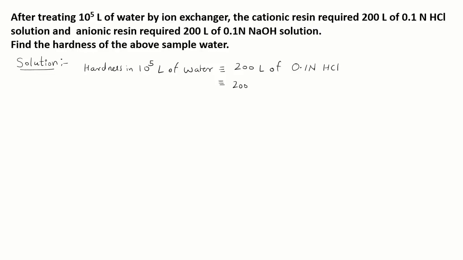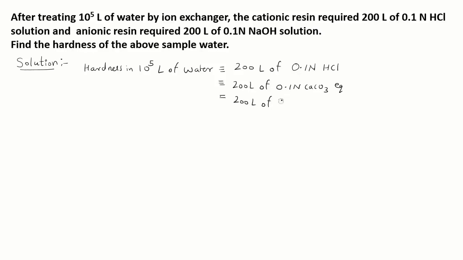Okay, so we can write 0.1 normal of calcium carbonate equivalent. Okay, now we know that 1 liter of 1 normal HCl contain 36.5 gram of HCl. So 1 liter of 1 normal calcium carbonate contain 50 grams of calcium carbonate.